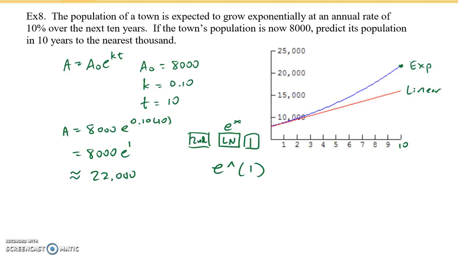You can see that through the first few years, the difference between linear and exponential growth is not very great. But as time increases, the difference becomes more significant as the exponential curve starts to curve away from the line. So exponential growth, especially as time increases, is going to give you significantly more growth than what you would see with linear growth.